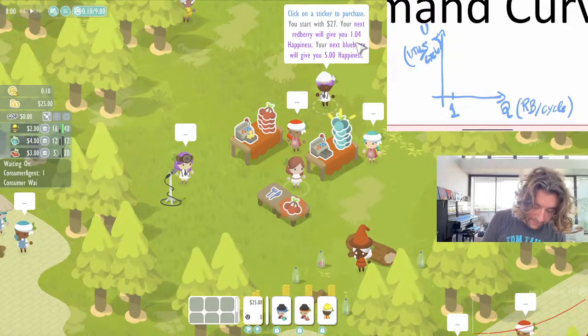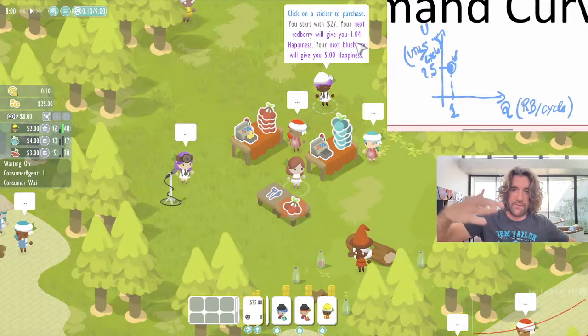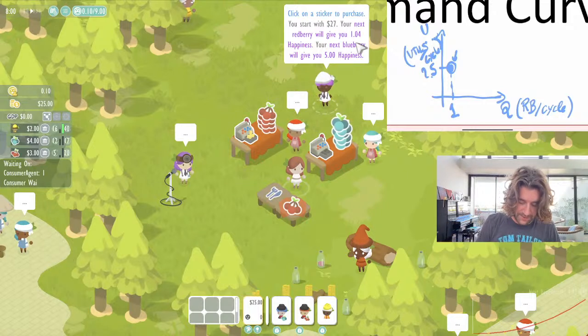The first red berry would give me a satisfaction equal to 2.5. This is the amount of happiness that I get by consuming the first red berry. The second red berry is giving me an increment of happiness.